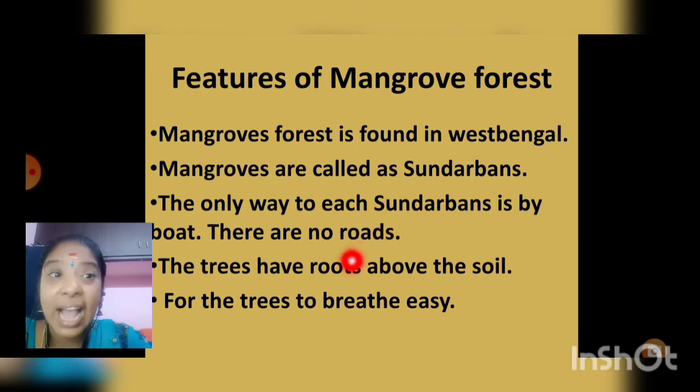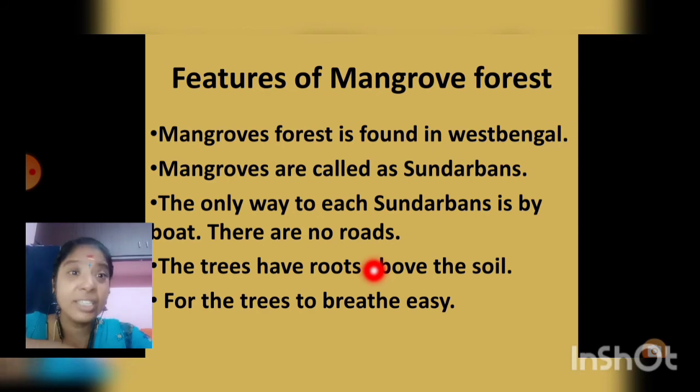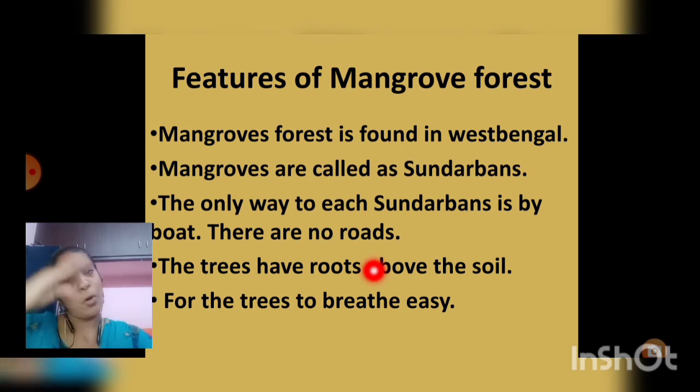The trees have roots above the soil level. Usually the roots are found below the soil, but here in the Sundarbans the trees have roots above the soil for the trees to breathe easily.